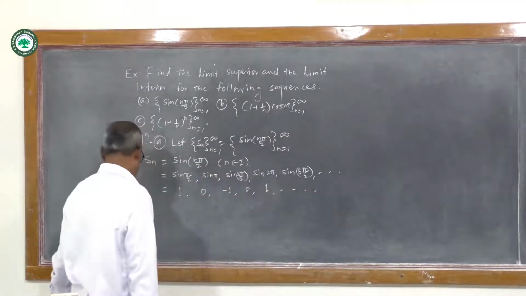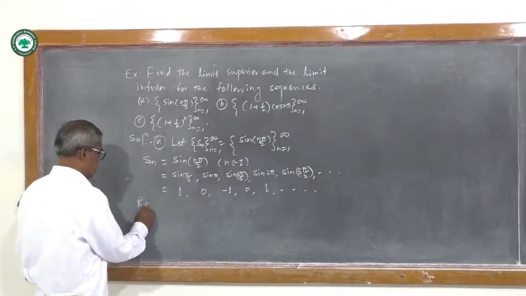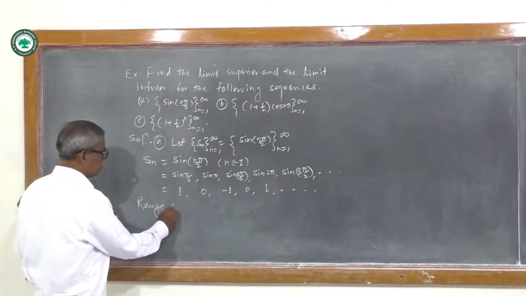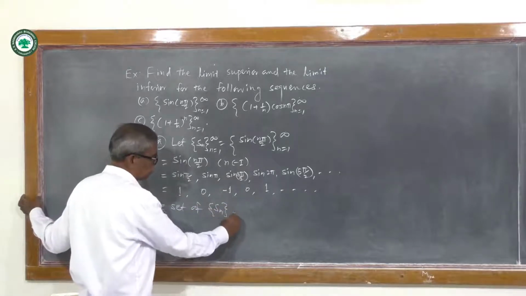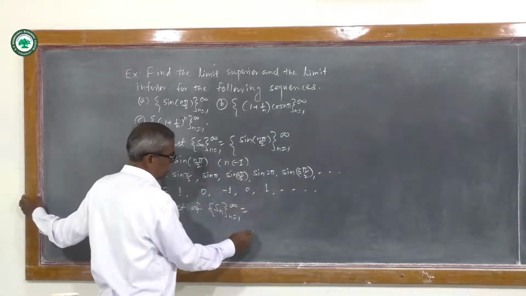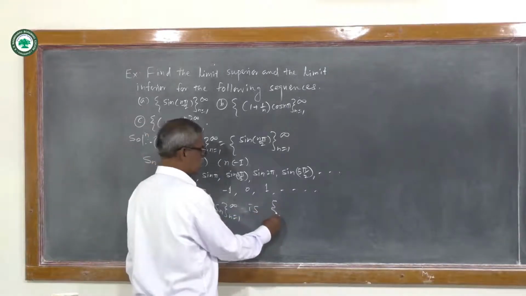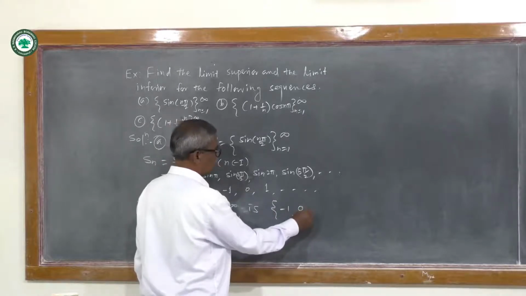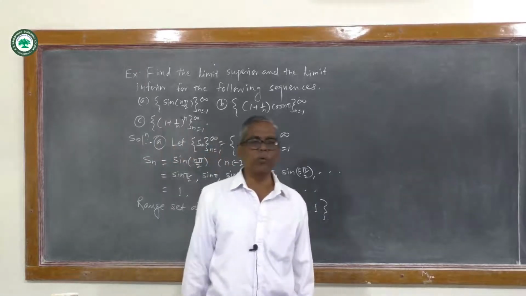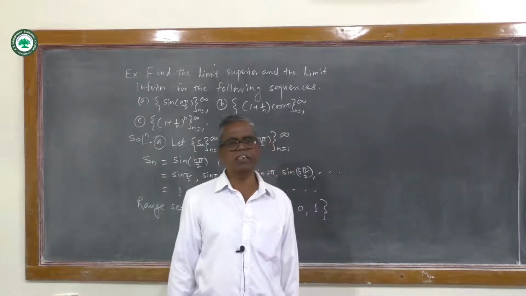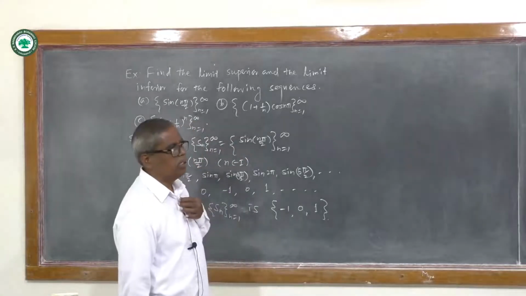Range set of the sequence Sn is minus 1, 0, plus 1. The range set contains only 3 elements, that is minus 1, 0 and plus 1.